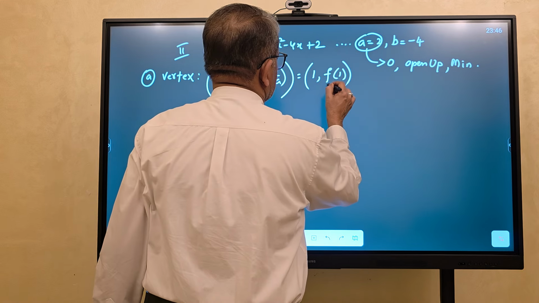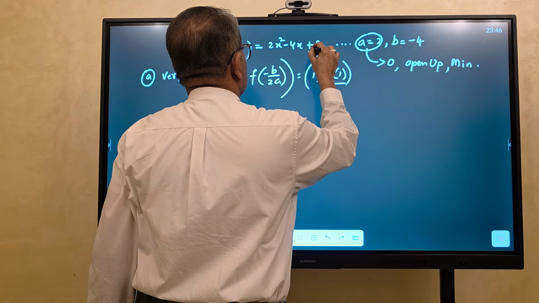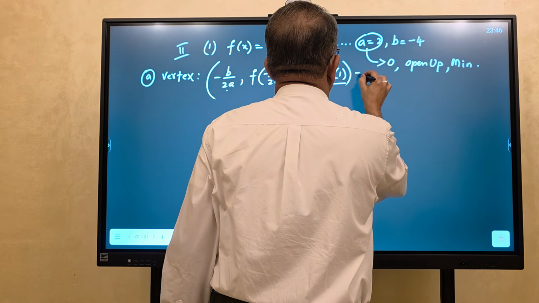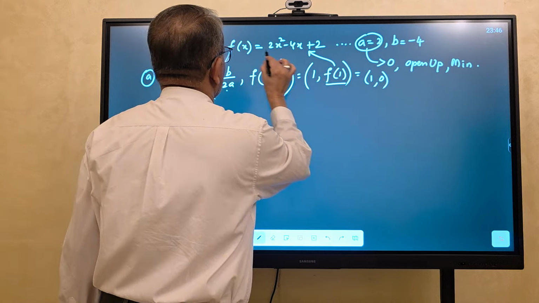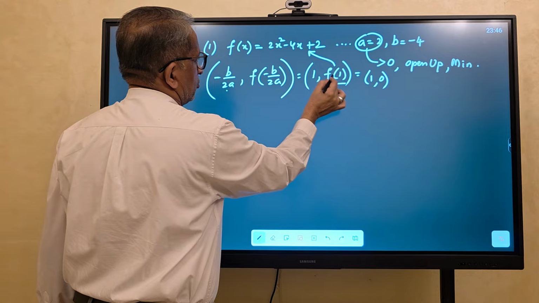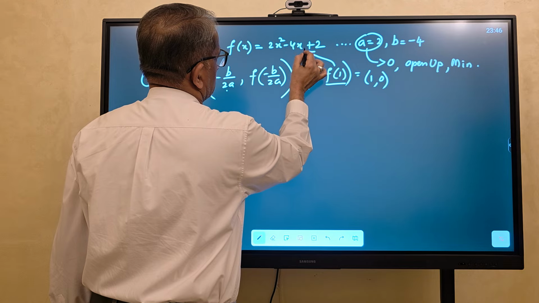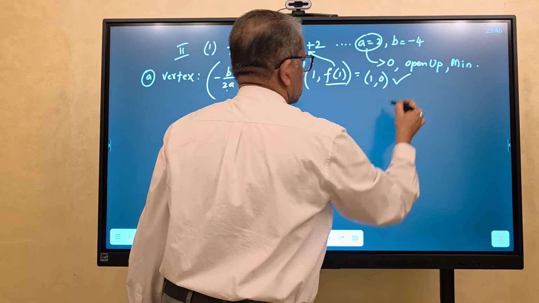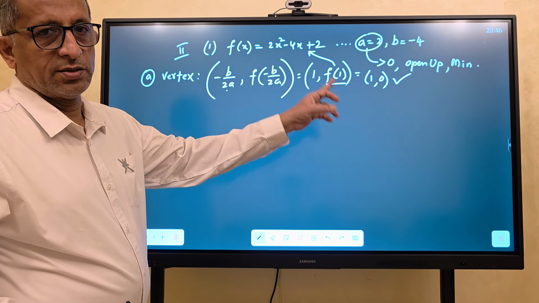So I have to find this f of 1. How to find f of 1? I put x equal to 1 in this function. What is the answer I get? Just put x equal to 1 here: 2 into 1 square minus 4 into 1 plus 2. You get 0. So I got the first answer: the vertex here is (1, 0).